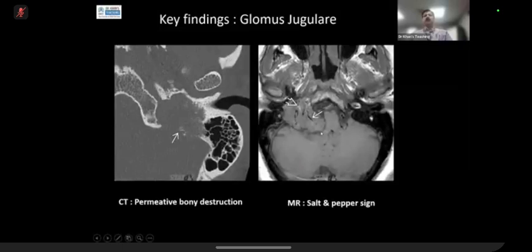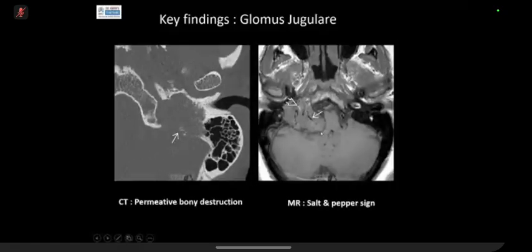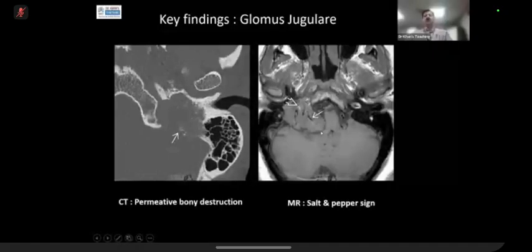On an MR, there is another sign, and we call it salt and pepper sign. Usually, it is seen in a glomus tumor which is more than 2 centimeters in size. Basic concept is that glomus tumor is extremely vascular. So on a non-enhanced T1 weighted sequence, please remember, non-enhanced T1 weighted sequence, you can see a salt and pepper sign.